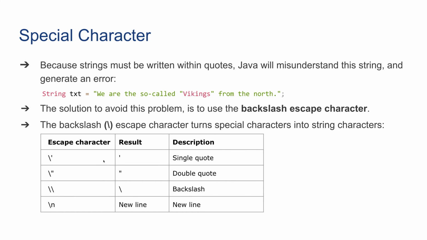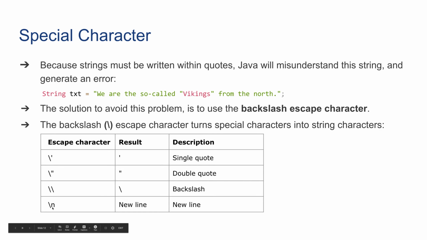And then here's an example. To print an actual single quote, you should start it with backslash single quote, which will print this. To print a double quote, you need to say backslash followed by a double quote, which will print this. And to print an actual backslash, you have to say backslash and backslash, which will print one backslash.